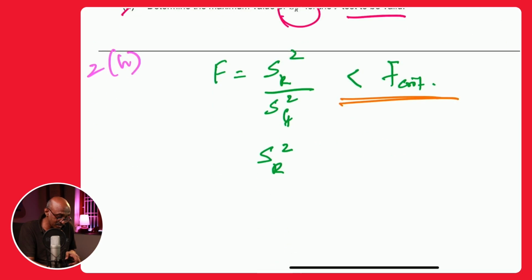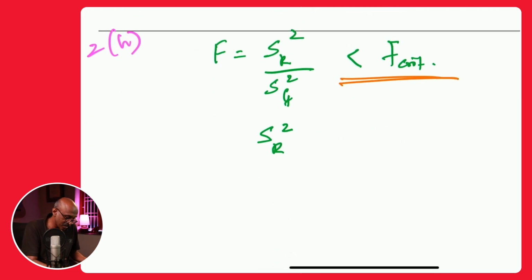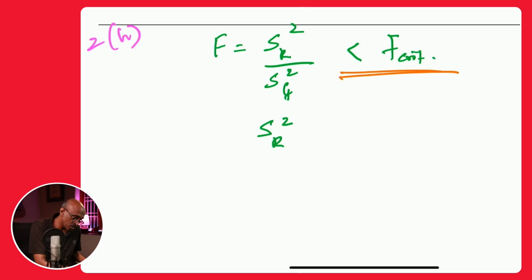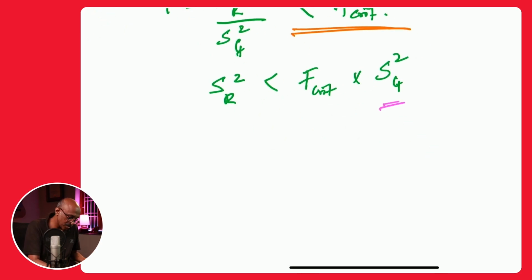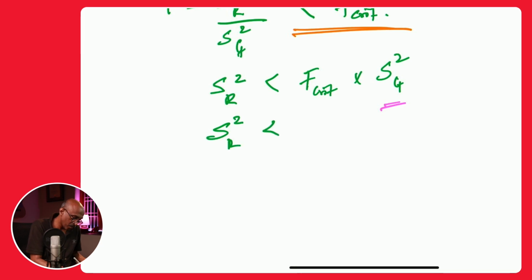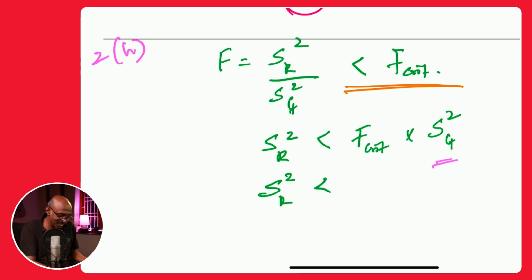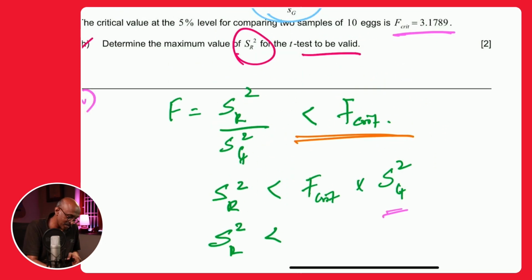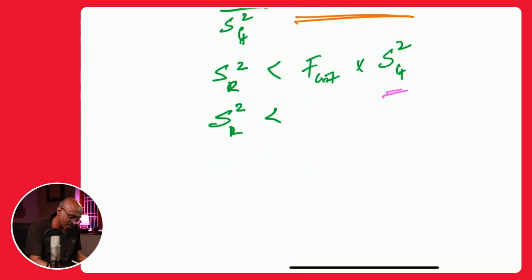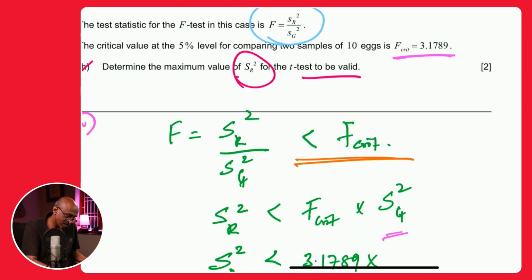So for the test to be valid, SR square should be less than F critical times SG square. This value we've already calculated from the calculator. So the maximum value for the unbiased estimator for the variance for raised eggs is F critical, 3.1789, times SG square.